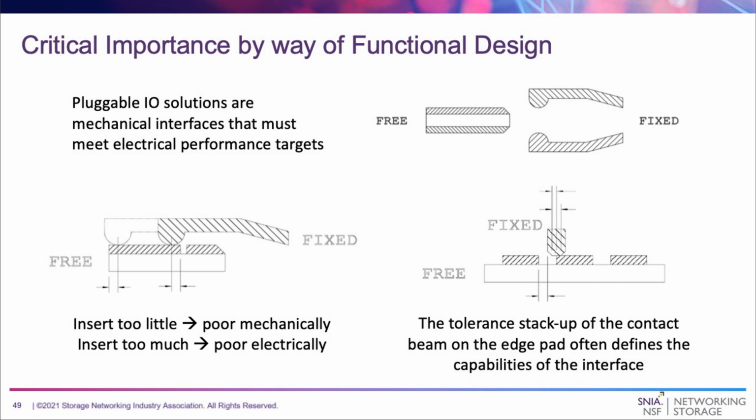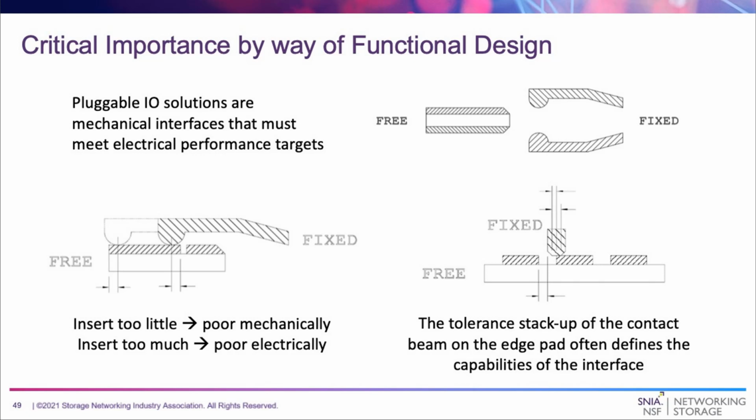And we need to make sure that we guarantee a reliable mechanical connection is made, but the effective wipe that's left over sometimes acts as an electrical stub that often degrades the performance of the interface, especially at high frequencies.